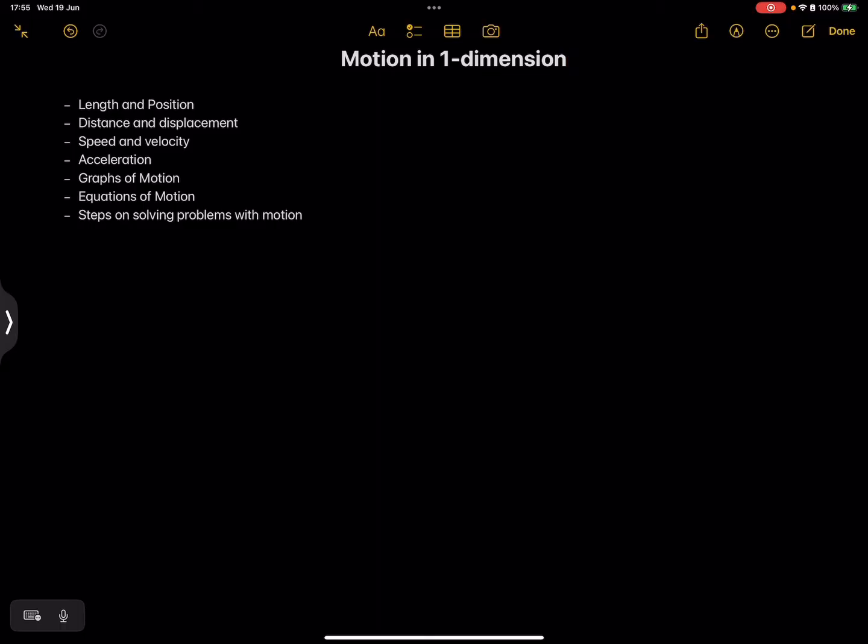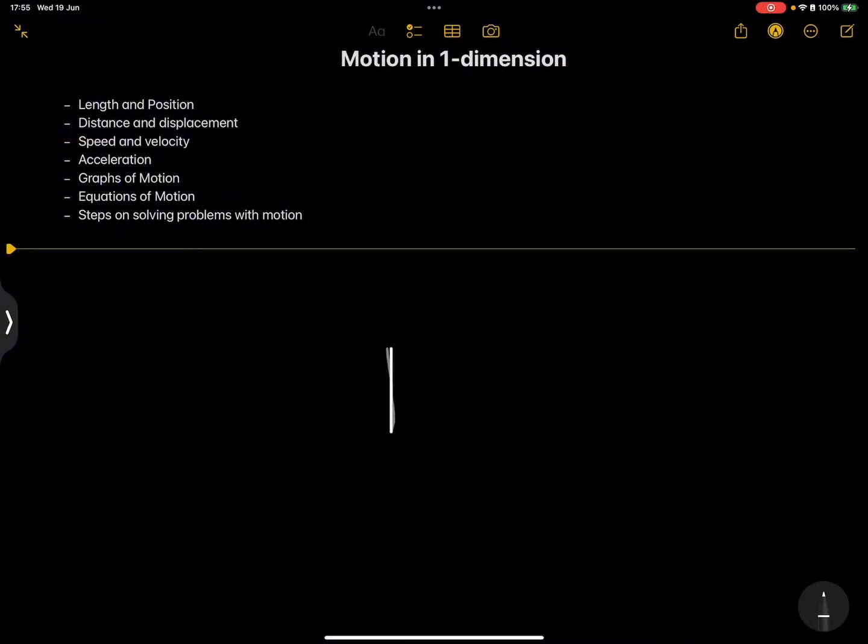So firstly, when we talk about length and position, usually we have what we call a frame of reference. In this case, it's essentially just a point, a position, wherein we are going to start measuring from. We are using that as our 0 point in a sense.